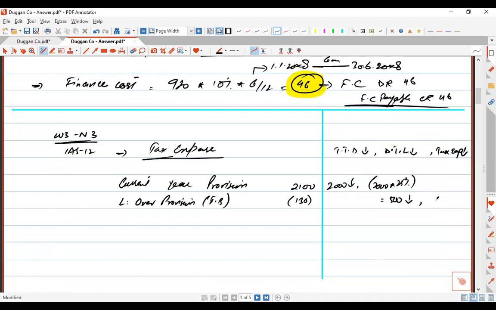If the liability is decreasing, the tax expense would also be decreasing. Whenever any liability is decreased, we record it on the debit side. So deferred tax liability is debited by 500, and whenever there is a decrease in expense, we record that on the credit side. So tax expense is credited with the same amount of 500.